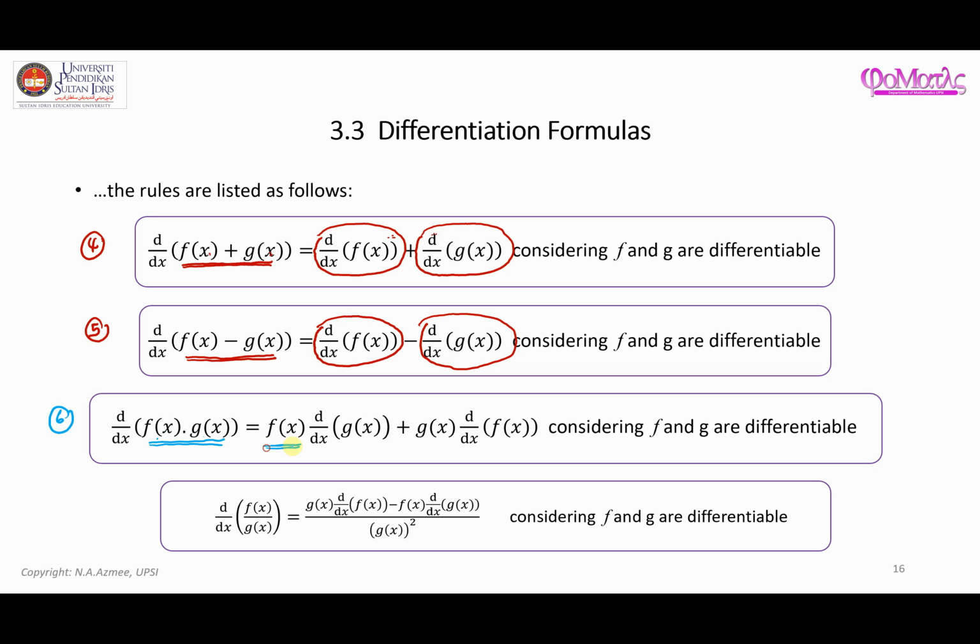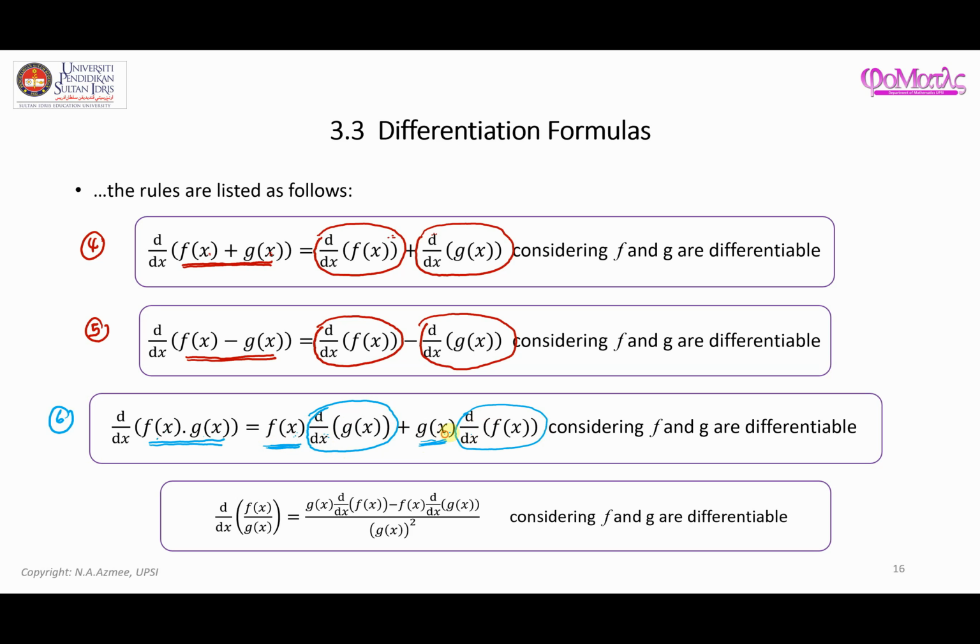You maintain the function as given, and then you find the derivative for g of x. So the result will be multiplied together. Now, in the second step, you maintain g of x as it is, and then you go on and find the derivative for f of x, and the result will be multiplied together. And finally, this here will be added. So the results of the first step and the second step will be added at the end.